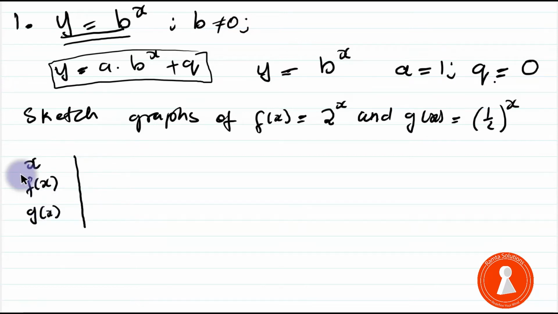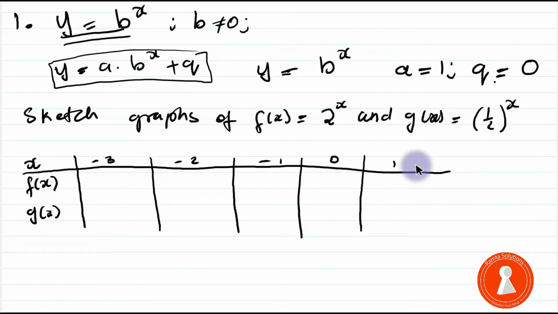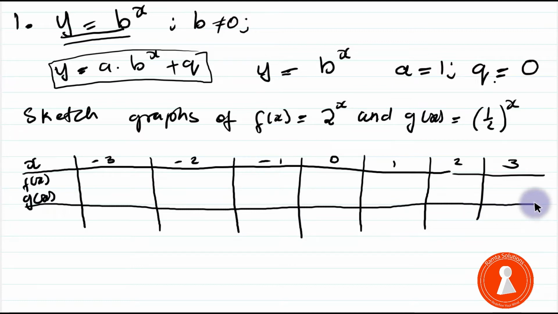So I'm going to give you the x values: -3, -2, -1, 0, 1, 2, 3. It's going to be f of x, and g of x.